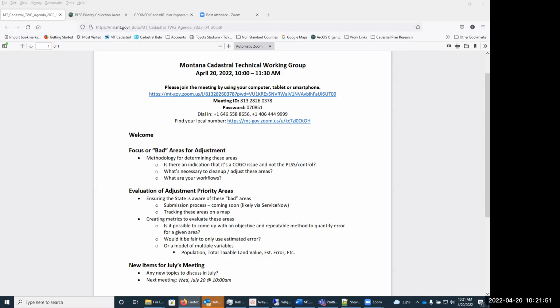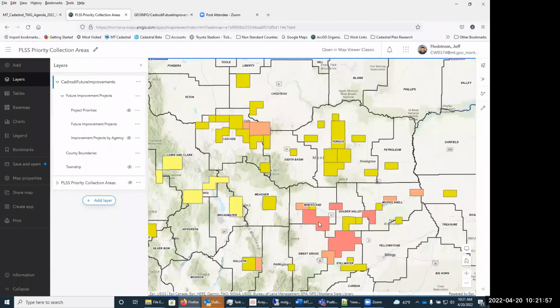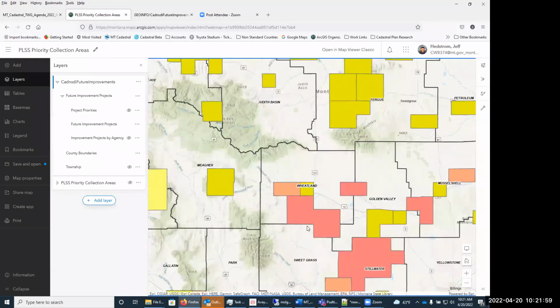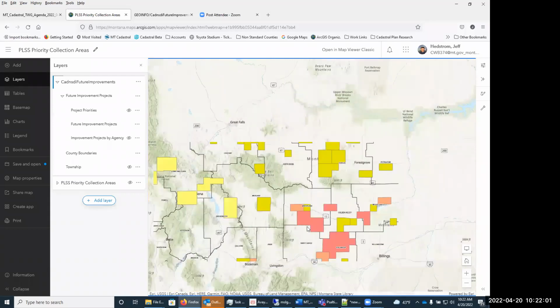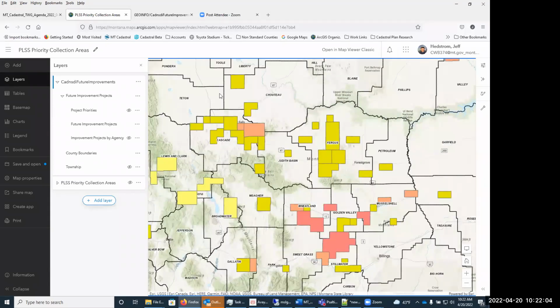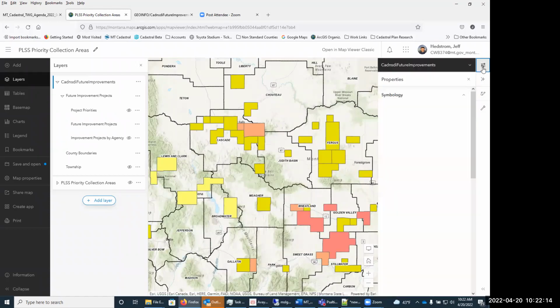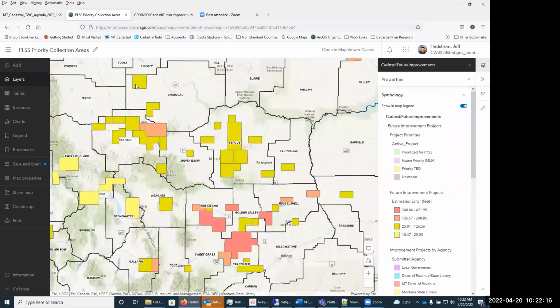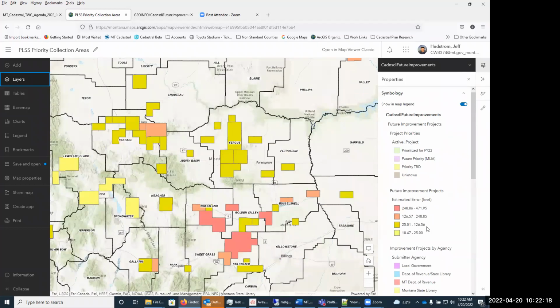What we struggle with is some methodology to determine whether survey control is needed to fix that, or whether all or most of it can be fixed just by redrawing that particular area, re-entering the parcels, or a mixture of both.